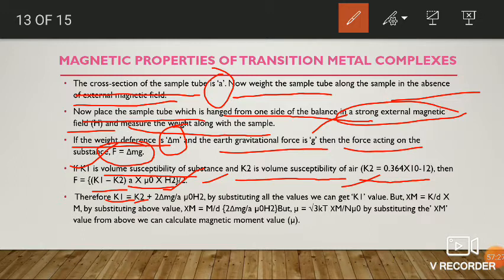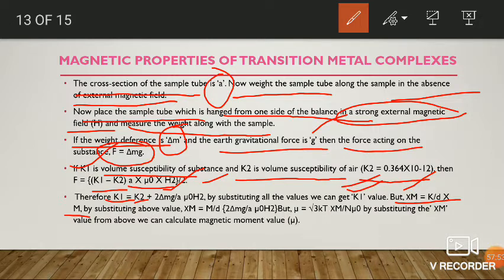We know the susceptibility equation, that is the molar susceptibility equation, which is chi m equal to K by D into M. Chi m equal to K by D into M, that is, molar susceptibility equal to gram susceptibility into molecular weight. Here the gram susceptibility value can be obtained from K1.